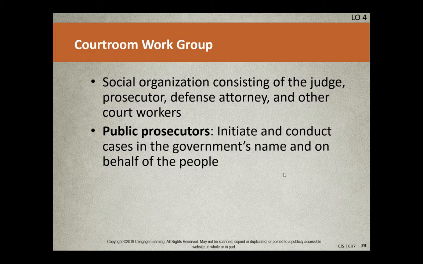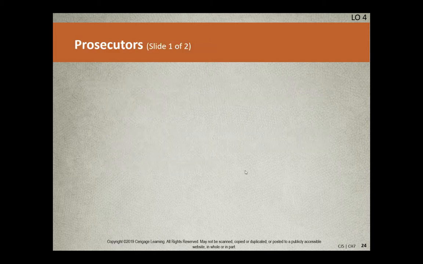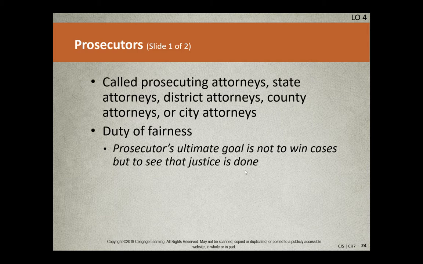Any plea, motion, or other matter to be acted on by the judge has to go through the court. Any sort of paperwork that comes in during a trial goes through the court clerk. There are also court reporters, and they're the ones recording every word that is said during the course of the trial.